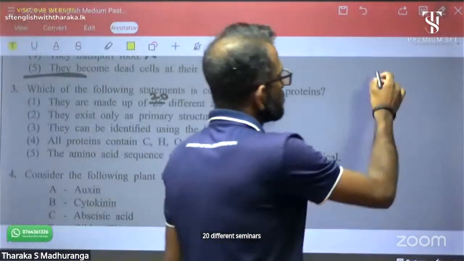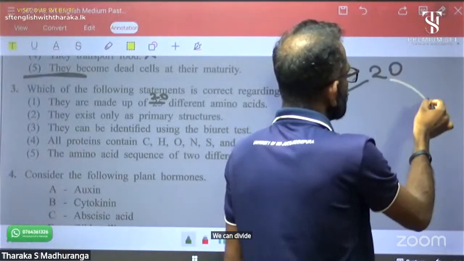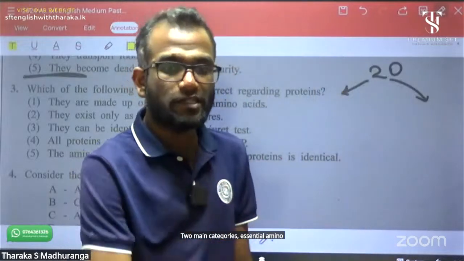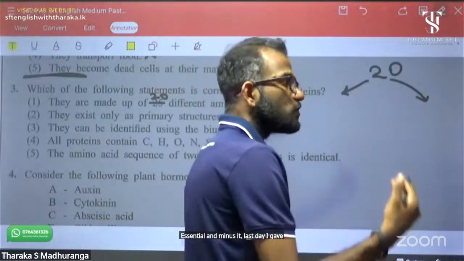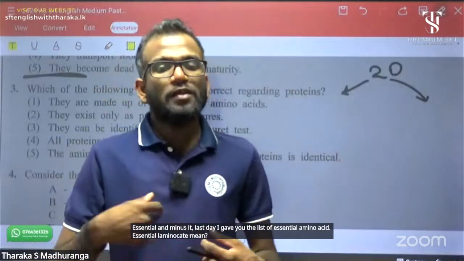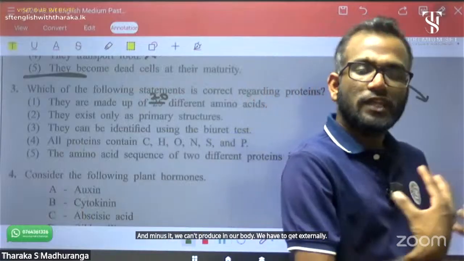I told you these 20 amino acids we can divide into two main categories: essential amino acids and non-essential amino acids. Last day I gave you the list of essential amino acids. Essential amino acids are amino acids we can't produce in our body. We have to get them externally, from food.